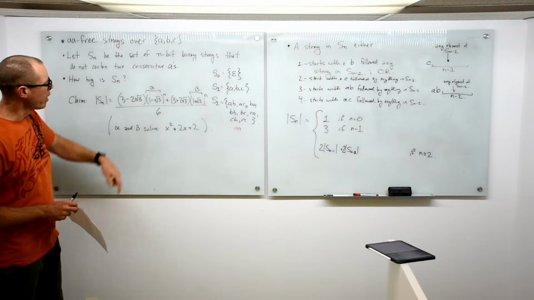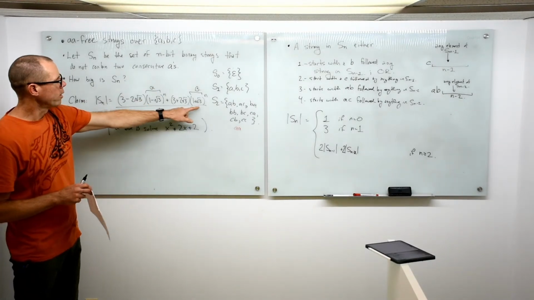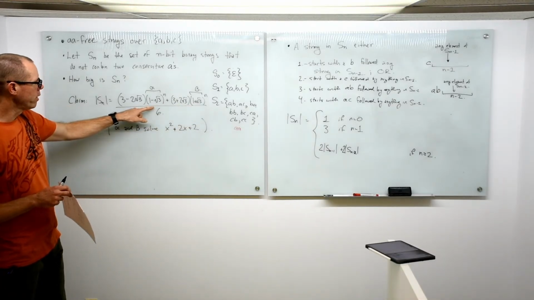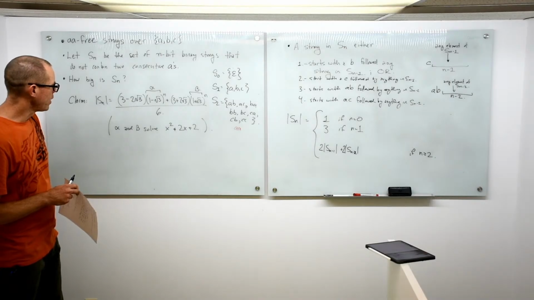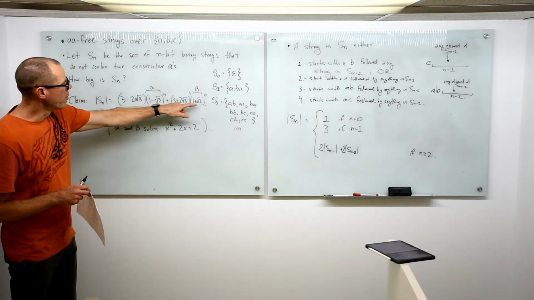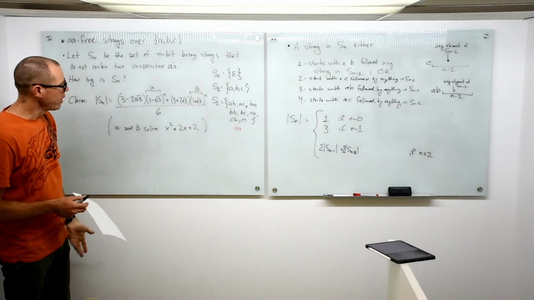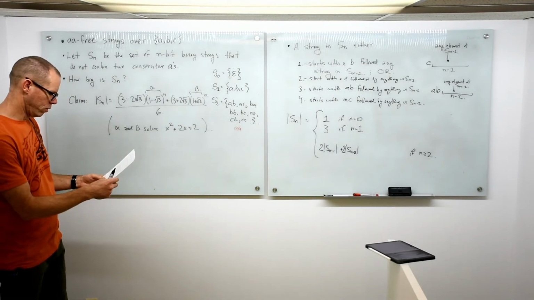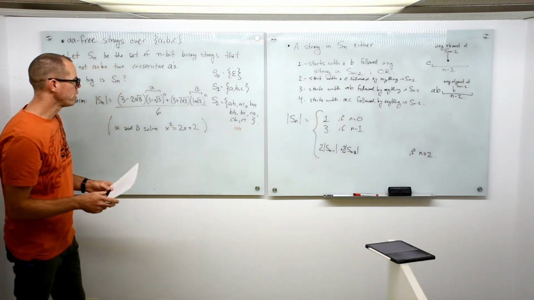It looks kind of like what happens with Fibonacci numbers. There's a golden one raised to the power n, and then there's an ugly negative one raised to the power n. So that's good. And these two magic numbers here, they come from the fact that they're the solutions to x squared equals 2x plus 2.